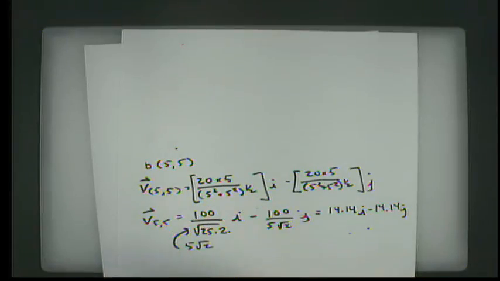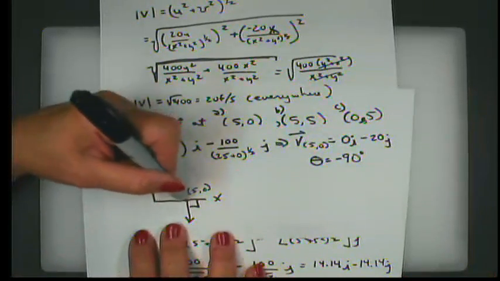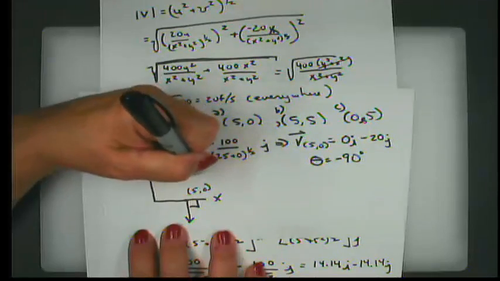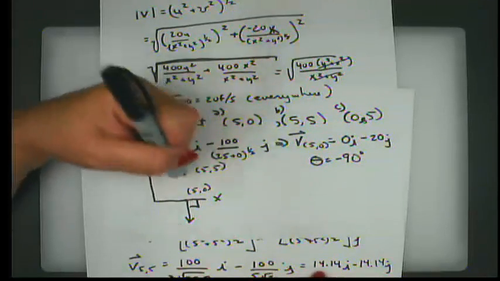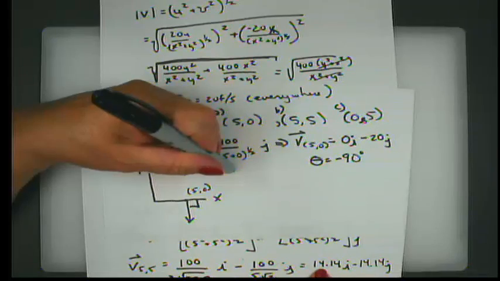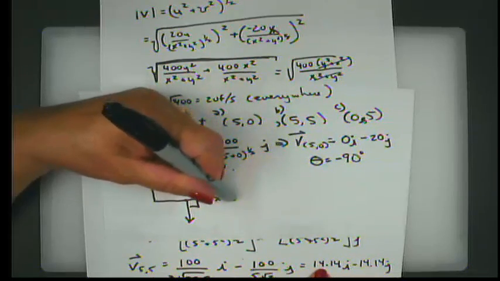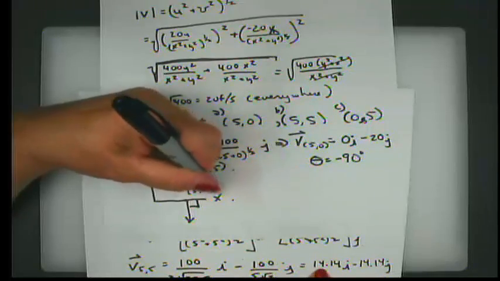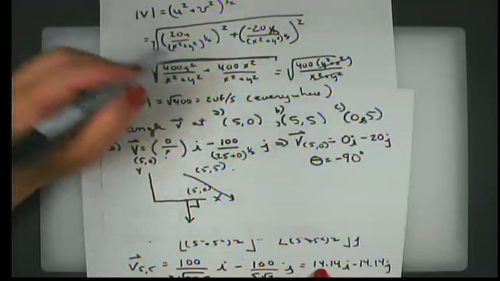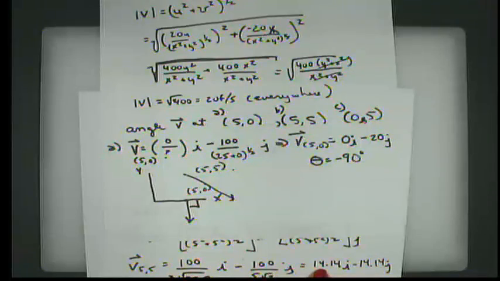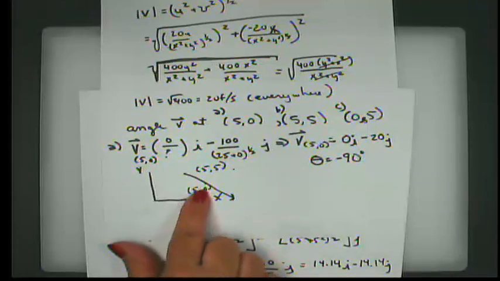well, I guess I do have to draw it again because, oh, there it is. I found it. Too many pieces of paper. Okay. So here at 5, 5, my velocity looks like 14.14 in the x direction minus 14.14 in the j direction. And of course the magnitude of that would be 20 feet per second, right?